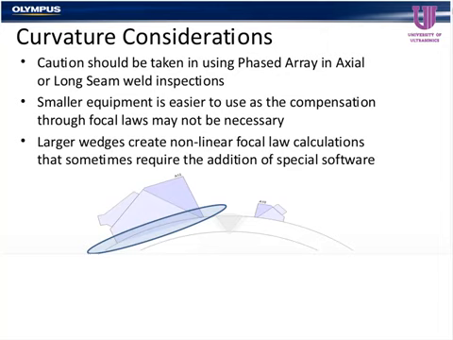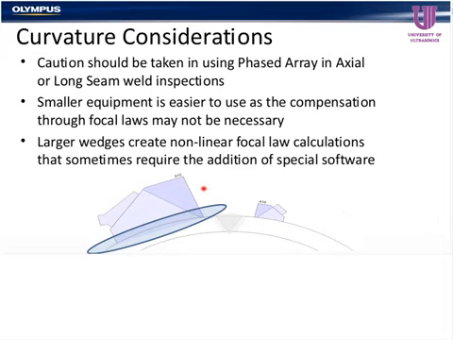Say you're looking at a long seam on a vessel or a pipe, that requires placement of the transducer in the opposite direction, like you see here. This boils down mainly to the size of the transducer and the wedge, where you would, in this case, maybe consider using a smaller piece of equipment to reduce the effect of the curvature.